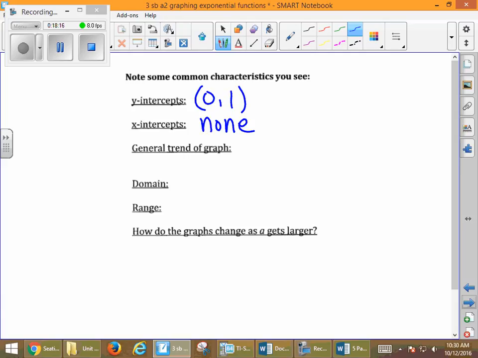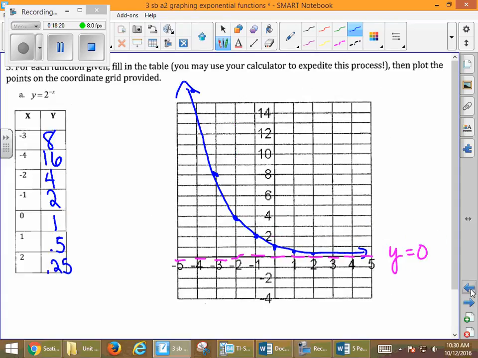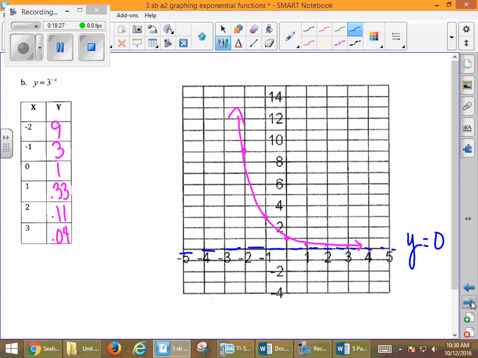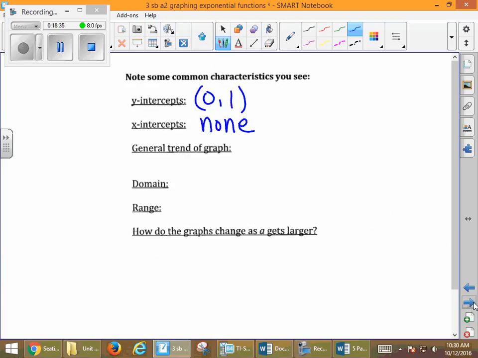If we go back and look at the pictures to describe our trend here, we start at the upper left and we end up kind of lower right, upper left, lower right, upper left, lower right. All of these graphs are decreasing.